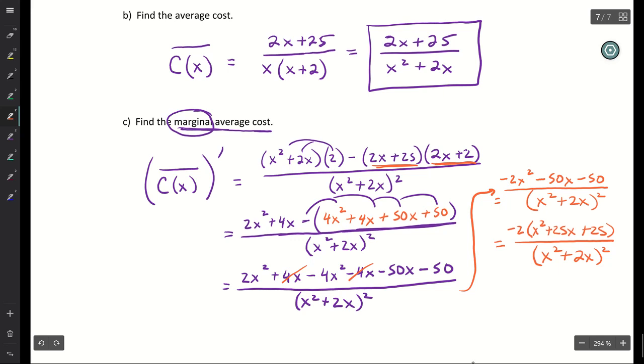The bottom technically does factor. Notice that there's an x squared and a 2x, so both of those share a factor of x. So what we could do on the denominator is this. So negative 2, and then the x squared plus the 25x plus the 25 stays. Now I'm going to put 2 steps together in one because I'm running out of room here at the end of this page.